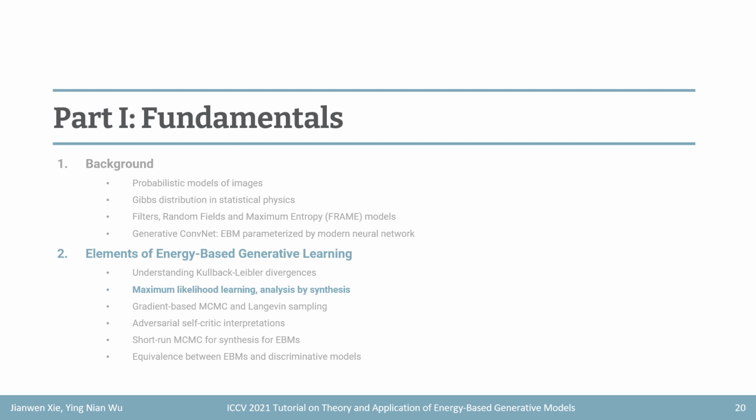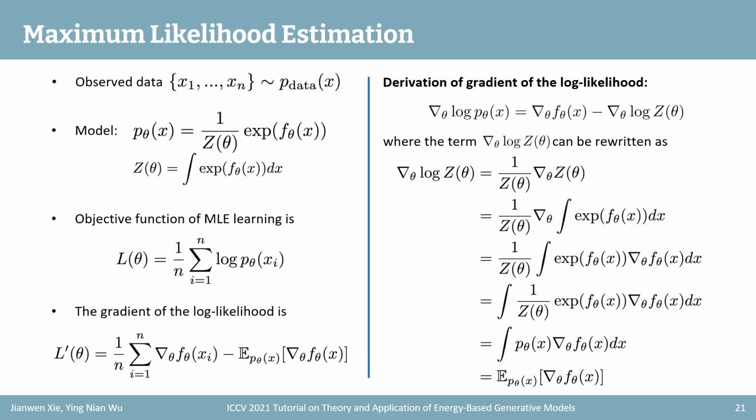Now we will talk about maximum likelihood estimation and the analysis by synthesis algorithm. Maximum likelihood estimation is a commonly used method to train energy-based models. Suppose we observe training examples x_i, which follow the unknown data distribution P data. The objective function of MLE learning is the average of the log probability density of the training examples.